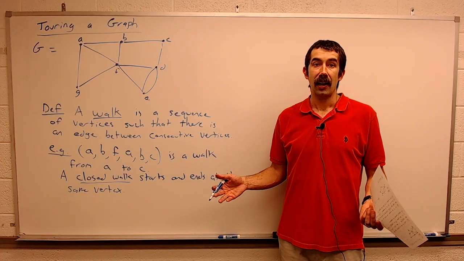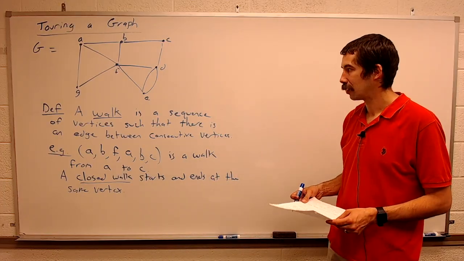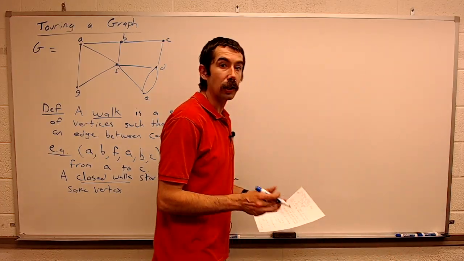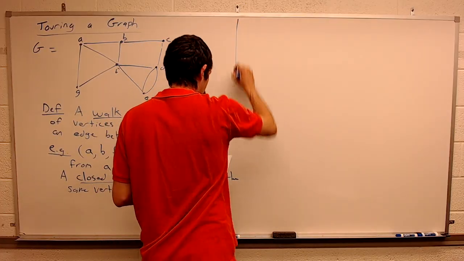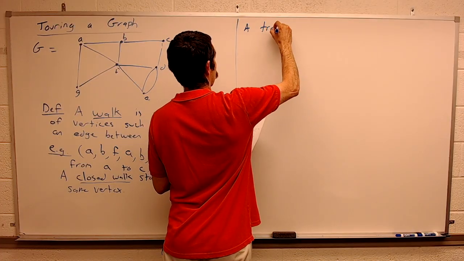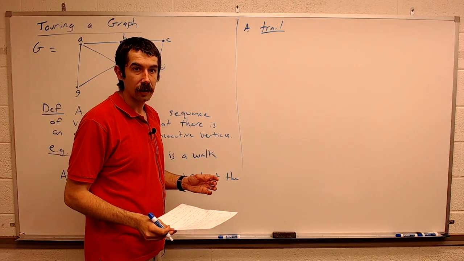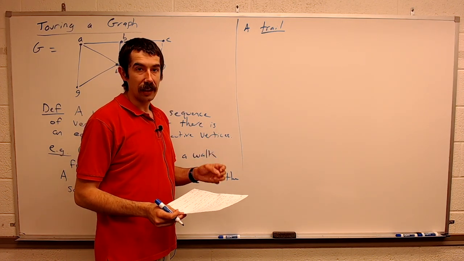It starts at A, ends at C, which A and C are not the same vertex. All right, what's next? A trail is a walk with no repeated edges.